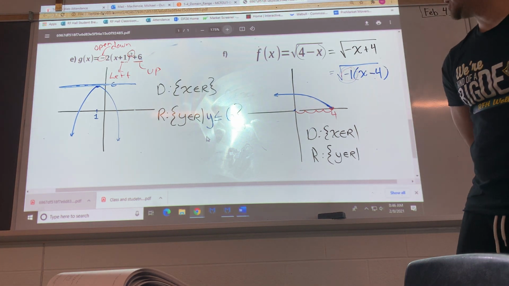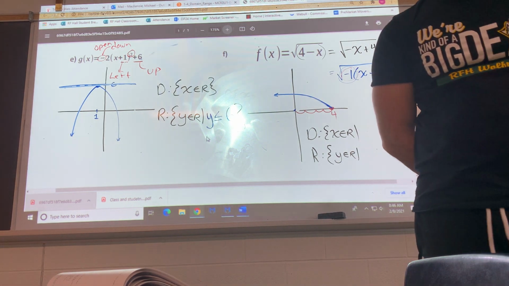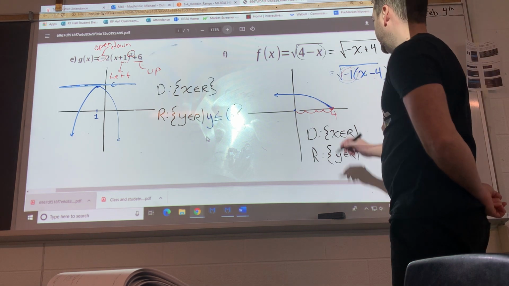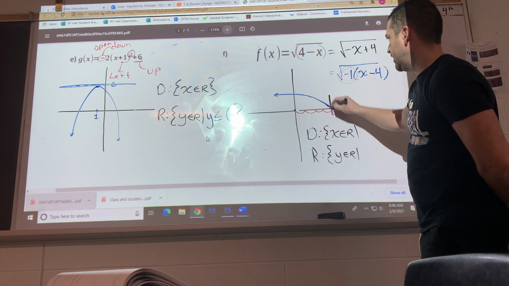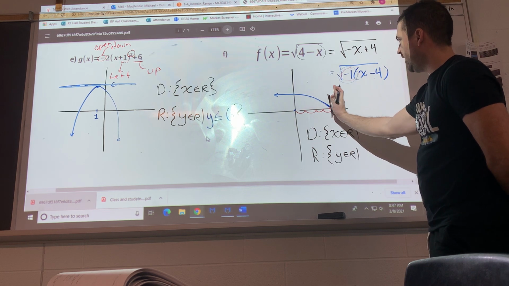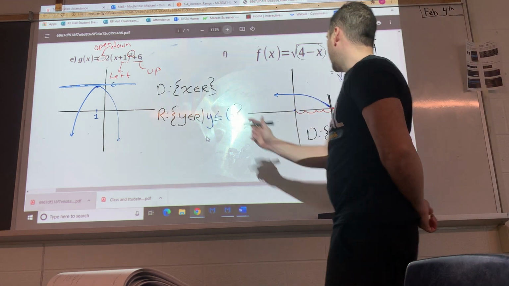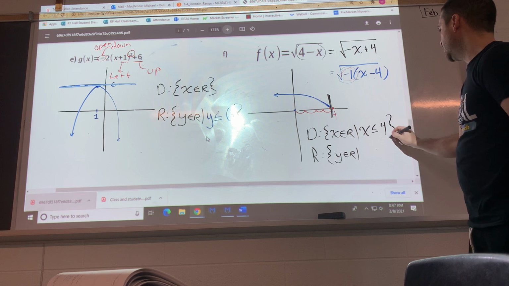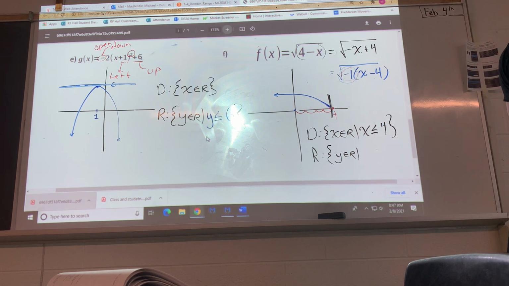What x values can we use? x is less than or equal to 4, good. So here are our x values. We don't have any x values greater than 4. We have all our values less than 4. So x is less than or equal to 4.